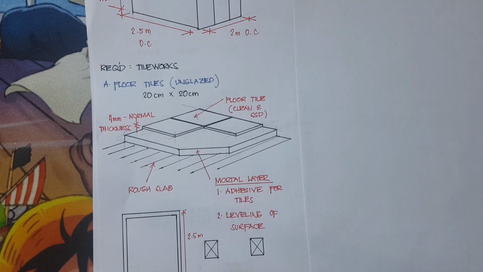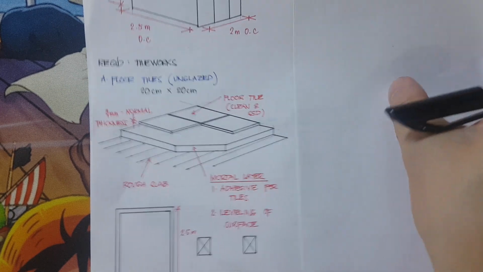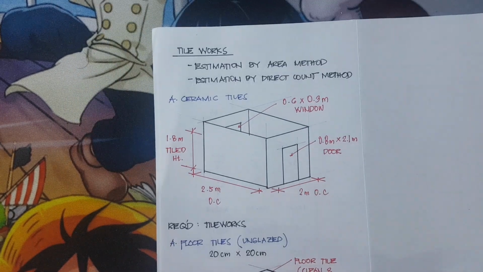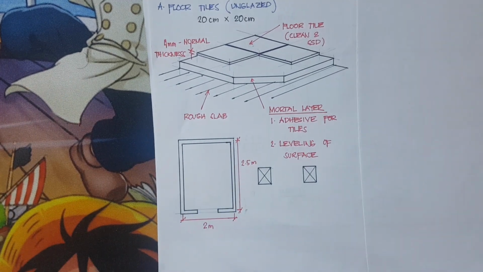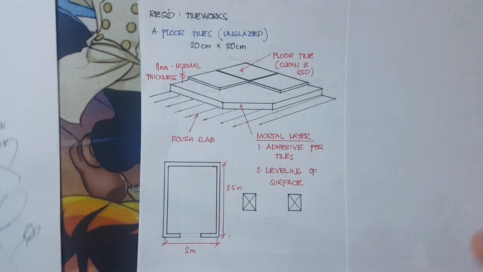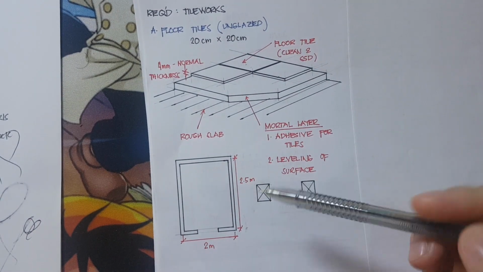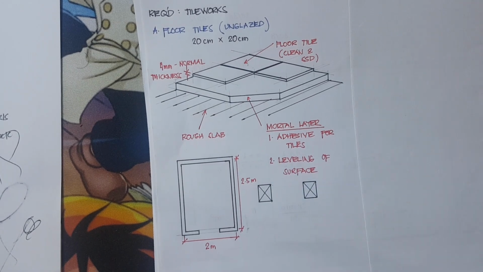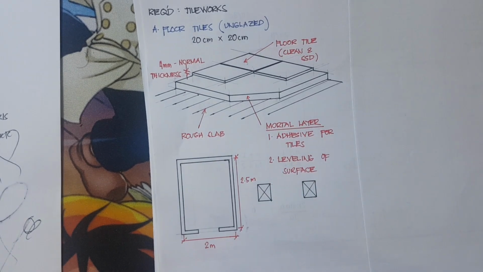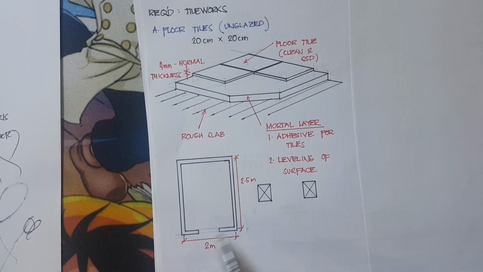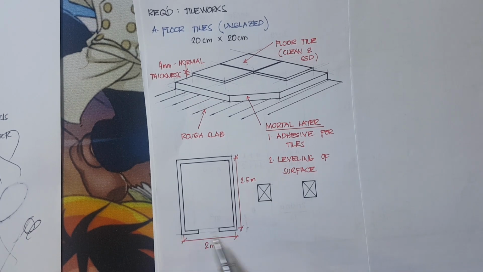Okay? So, going back to our example here, if I am to redraw this, this would be the top view. Okay? So, we are given an on-center distance of 2 meters and an on-center distance of 2.5 meter. Okay? So, imagine, this is the cross-sectional view at netong dalawa.